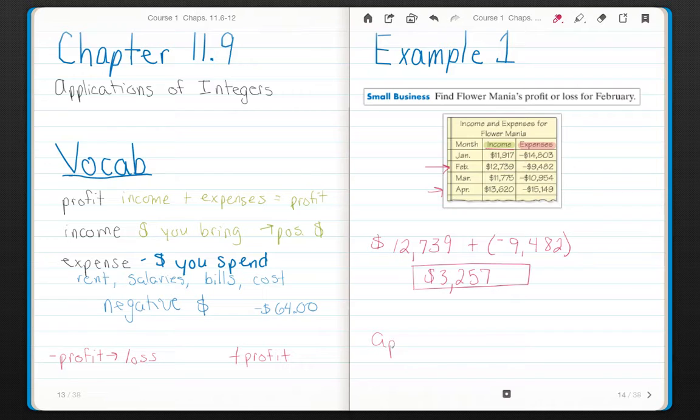So April would have, April only has one L. April has a loss of about $1,500. Okay, so that would be negative $1,500. They lost money. Not good when you own a business.